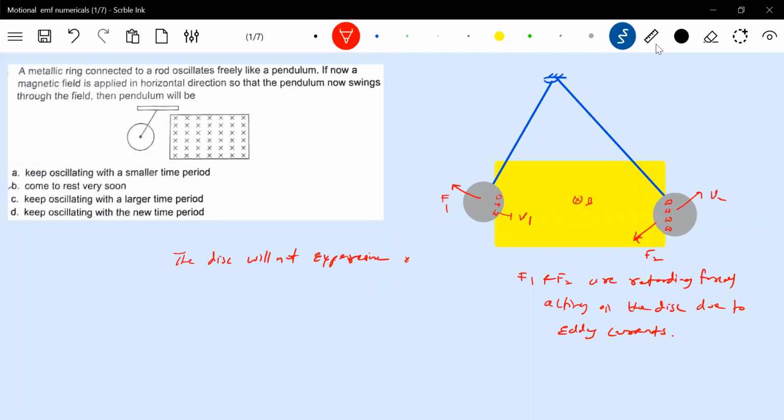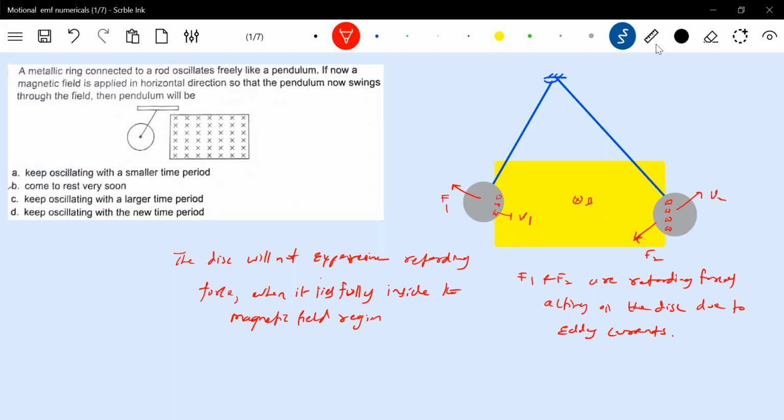It will not experience a retarding force when it lies fully inside the magnetic field region. Only when it is leaving or entering the magnetic field will eddy currents act.